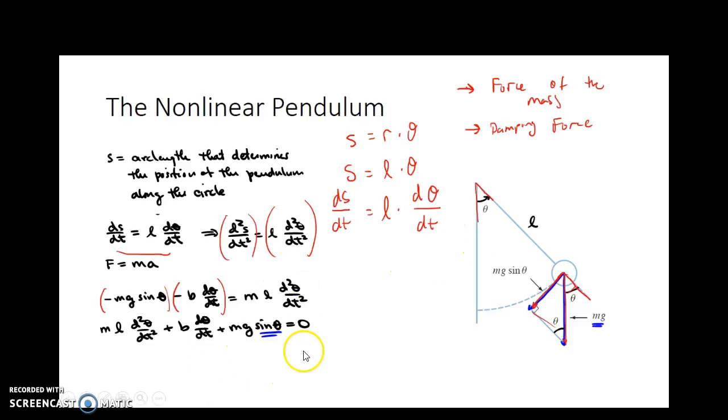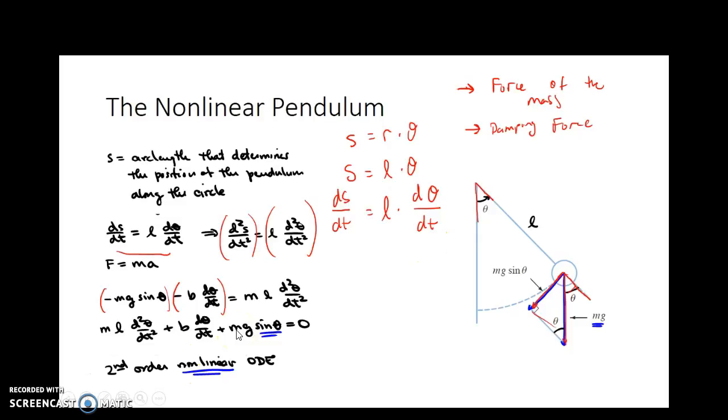Now, if we collect some terms here, we get the following: mass times length of the rod times the acceleration plus the damping term plus the force due to the mass. Okay, and so this is actually a second order nonlinear ODE.